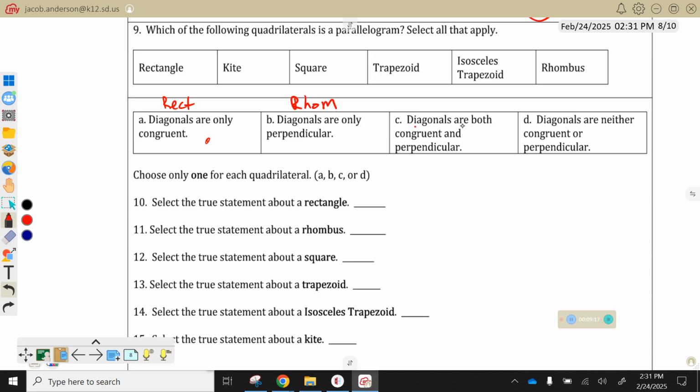Next one, diagonals are both congruent and perpendicular. Well, if diagonals are congruent, that was a rectangle property. And if they're perpendicular, it's a rhombus property. So this is true for a square. And then it says on this one, diagonals are neither congruent or perpendicular.